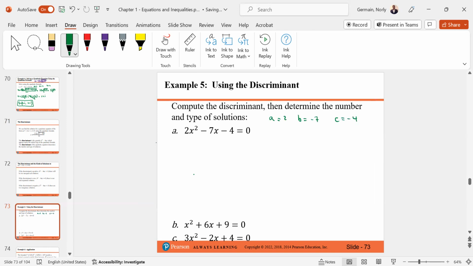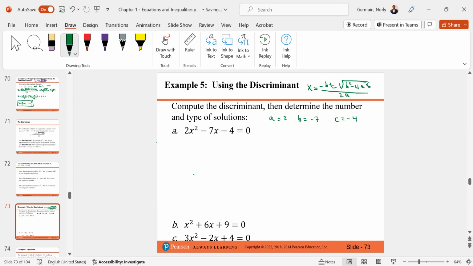Now we know the quadratic formula is negative b plus or minus the square root of b squared minus 4ac, over 2 times a.